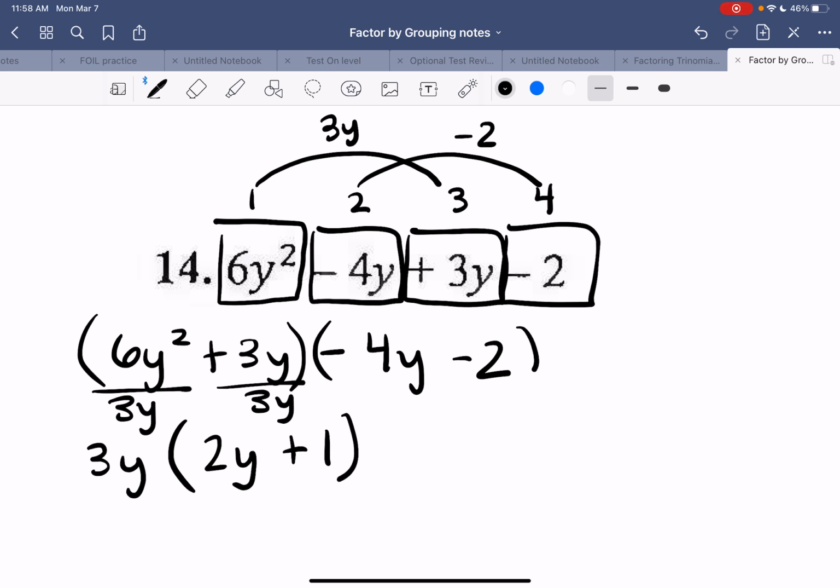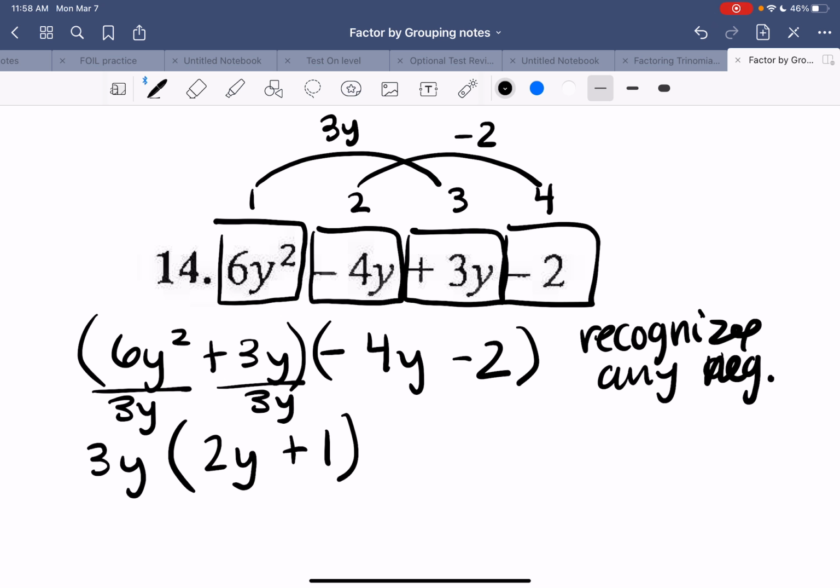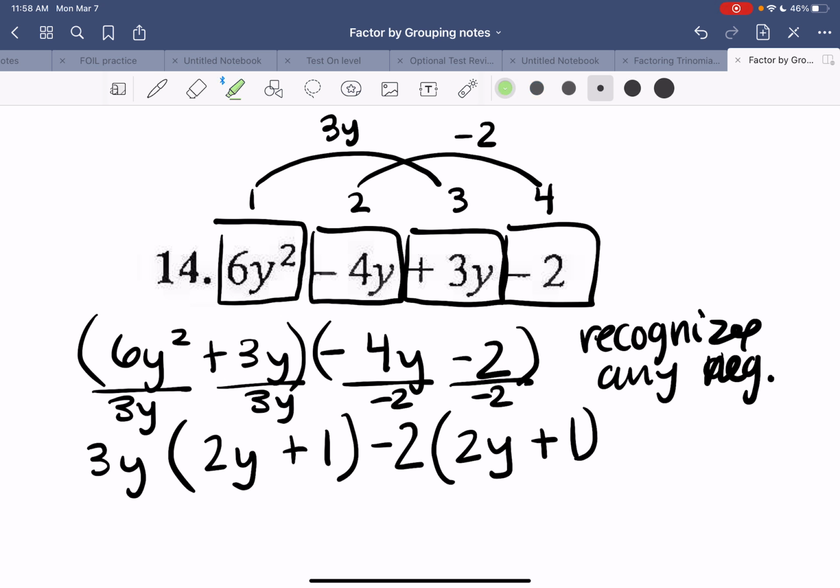In the second group it's a little trickier because we need to recognize any negative signs. My common factor here is actually -2, so when I take out a -2, I'm left with 2y plus 1.